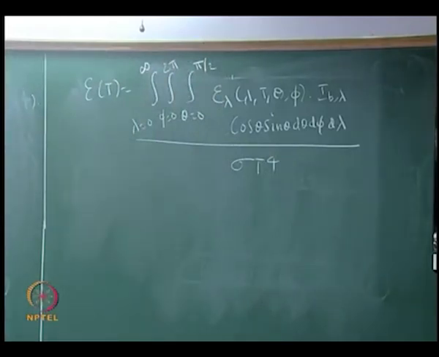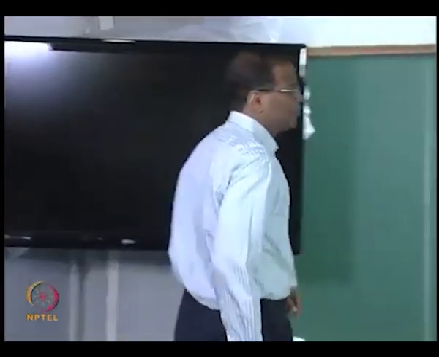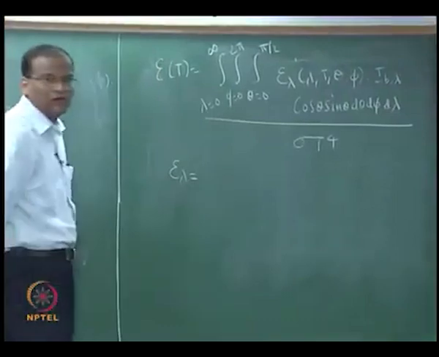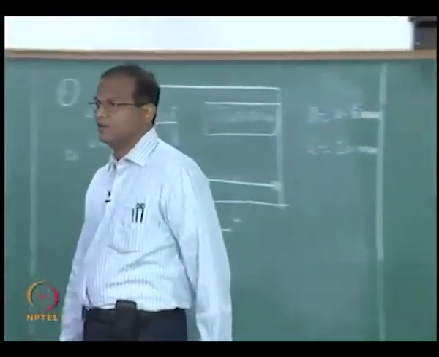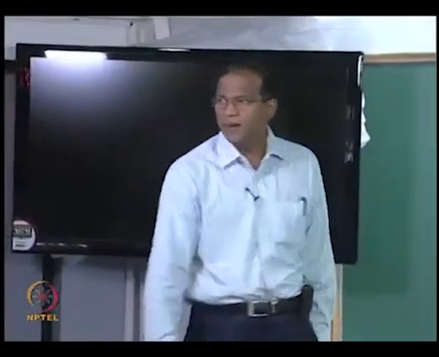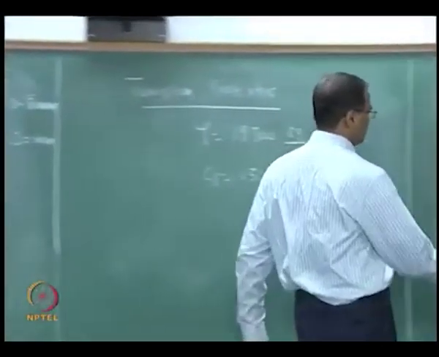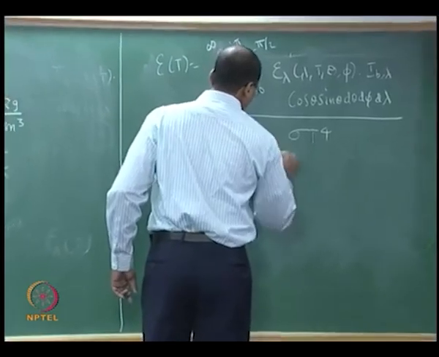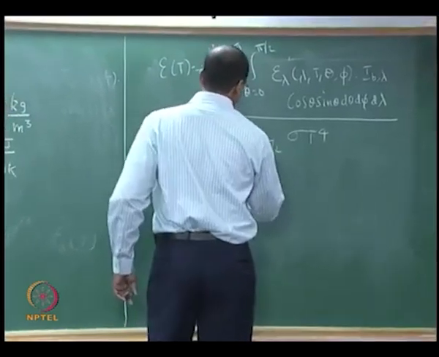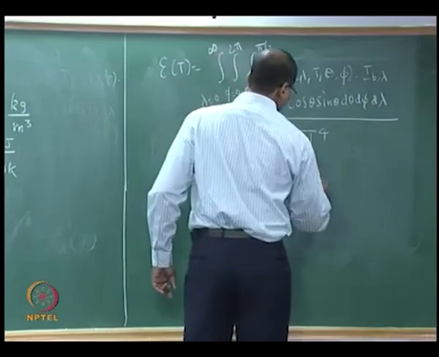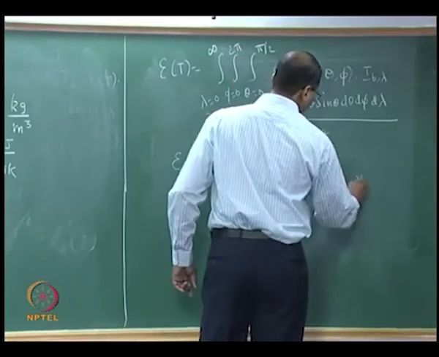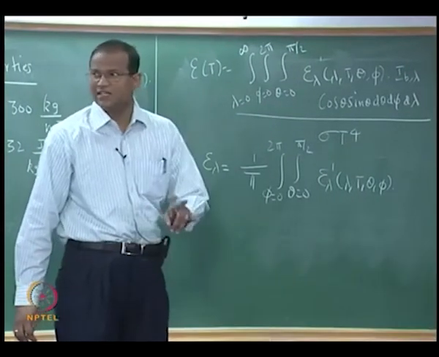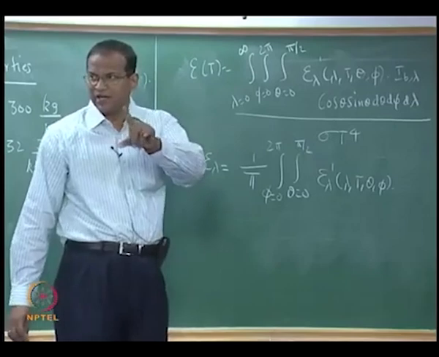The first thing we did this morning. Now I also know this. What is the relationship between epsilon lambda and epsilon lambda dash? 1 by pi into cos theta sin theta d theta. That I B lambda doesn't come, right? It doesn't come, okay.